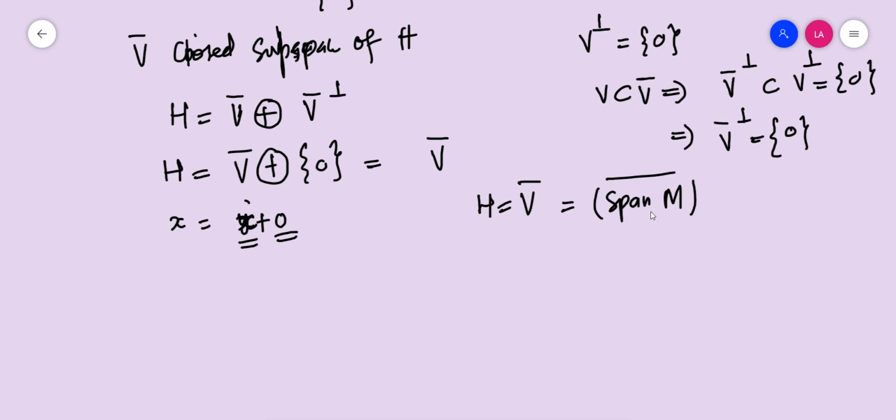If that happens, then the span of the set is dense in H. That's the idea. So we can get an idea about the whole Hilbert space using a proper subset whose annihilator is equal to the zero element only. That's it. Thank you.